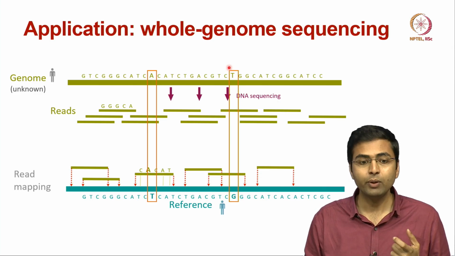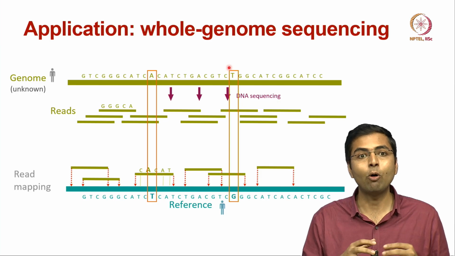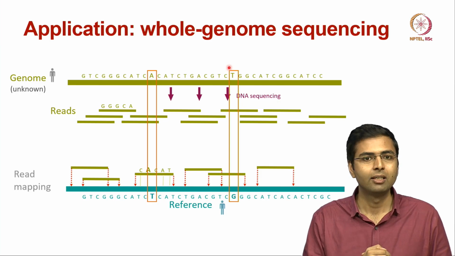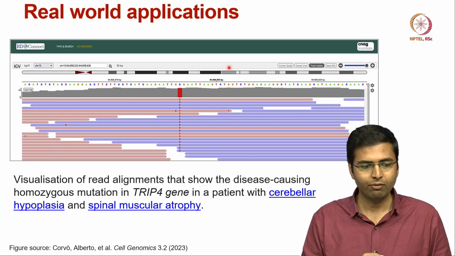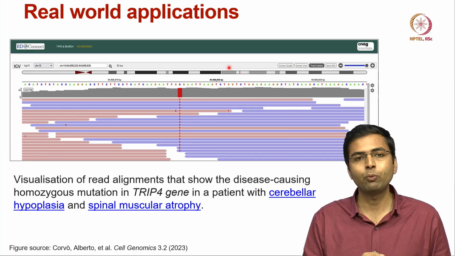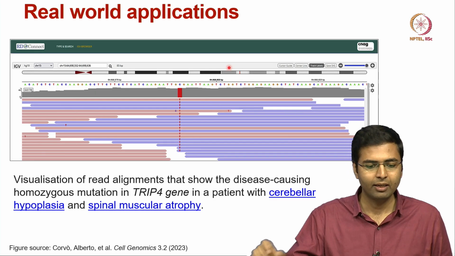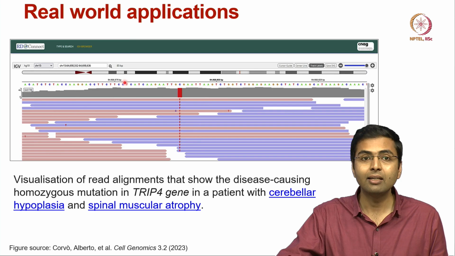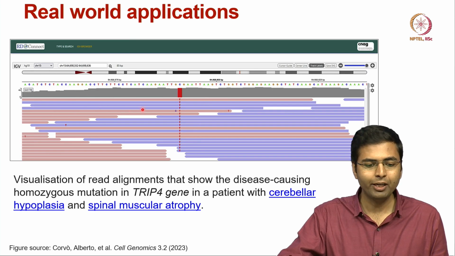Now, when we work with real world data, we have to understand the amount of data that we are dealing with. So, for example, this is a real scenario where I am showing you a visualization of the alignments to the reference human genome.